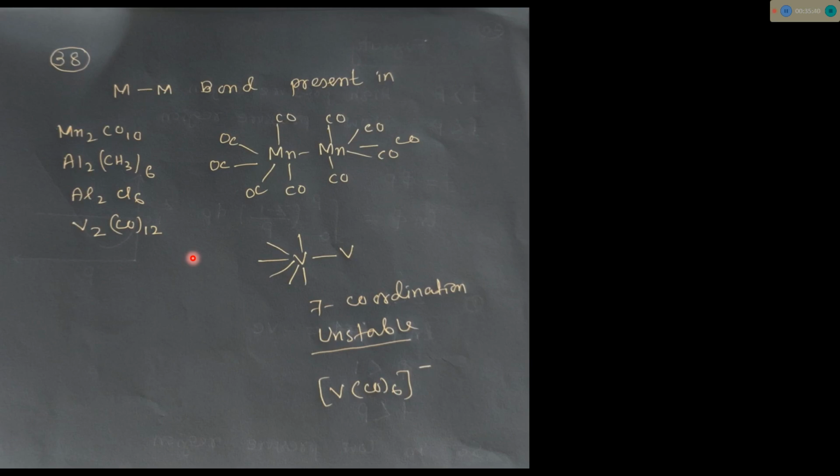Yes, they have given the complex, but it is not a stable complex, it is completely unstable, it is not formed at all. So according to me, for this question, the correct answer is Mn2(CO)10.